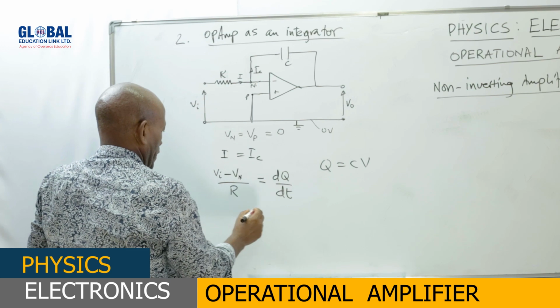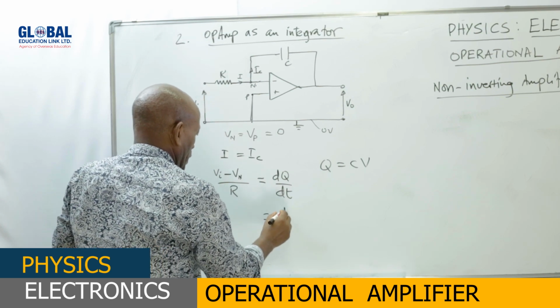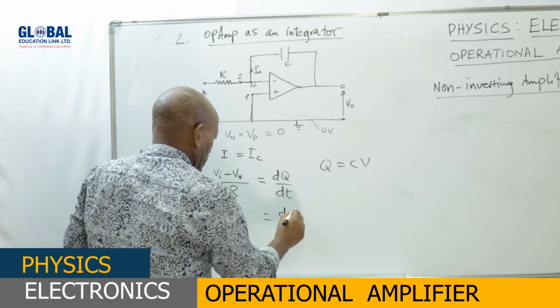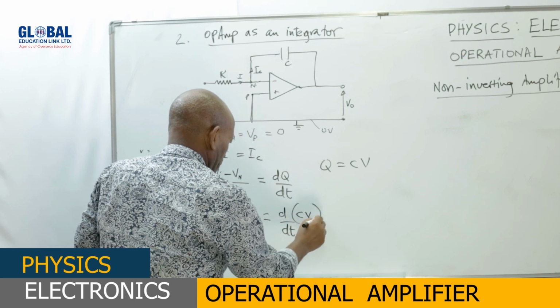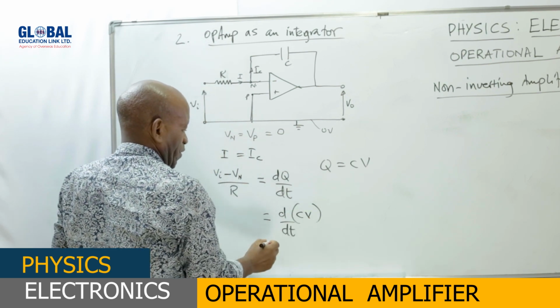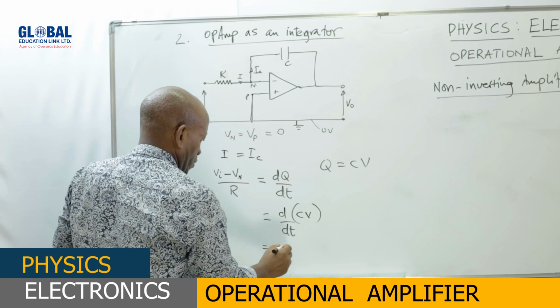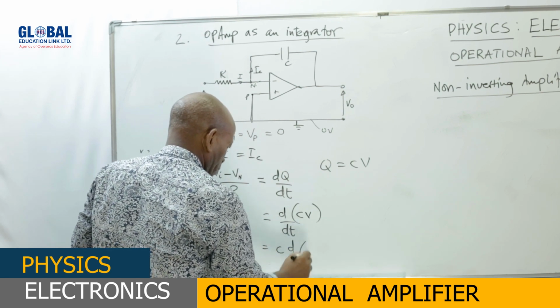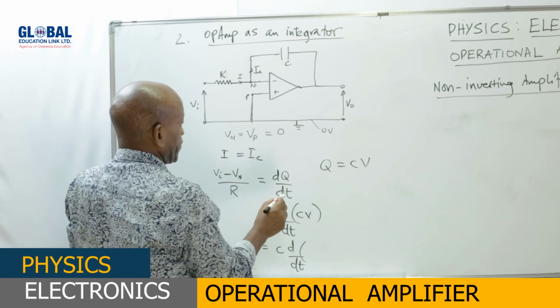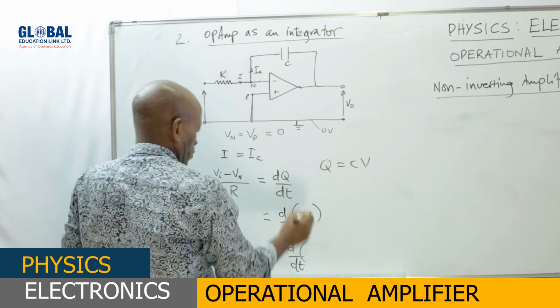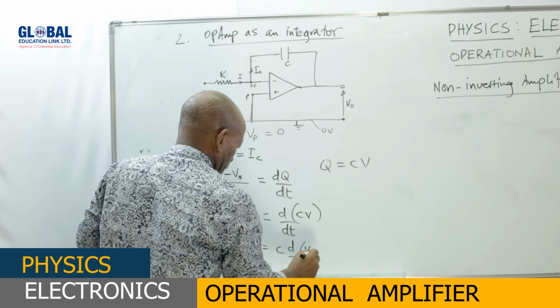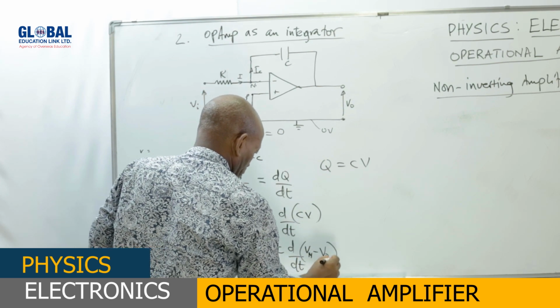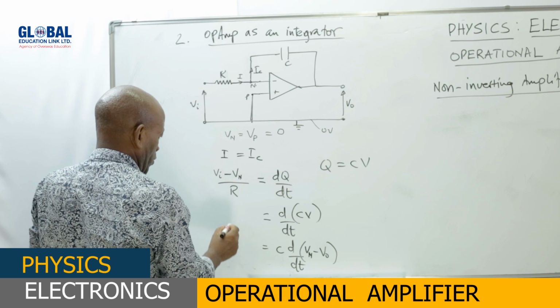So the whole expression will be equal to the time derivative of C times V. But C is a constant, so you can take it outside. We shall be remaining with the time derivative of V. Now this V will be equal to Vn minus the output voltage.